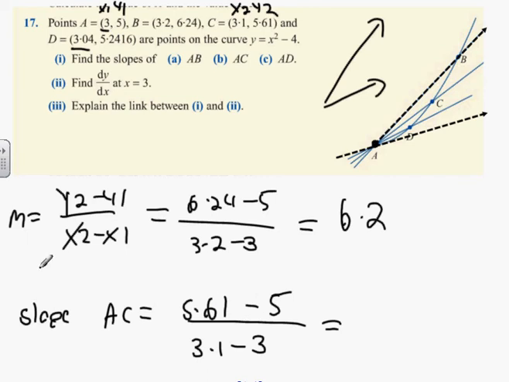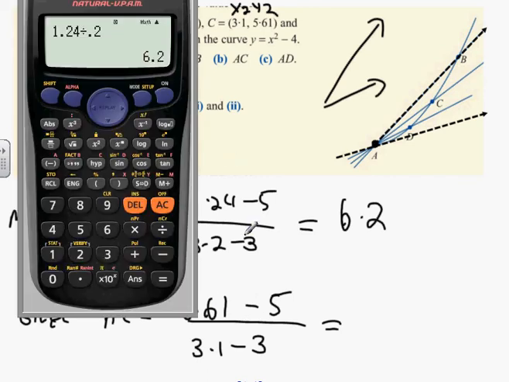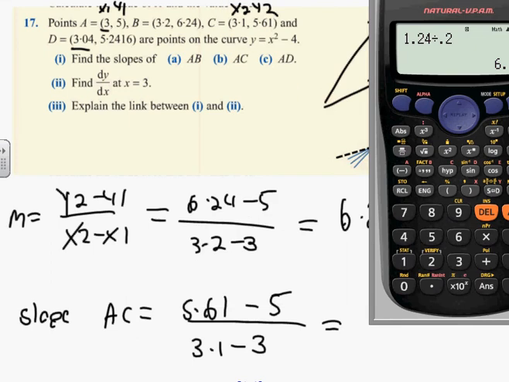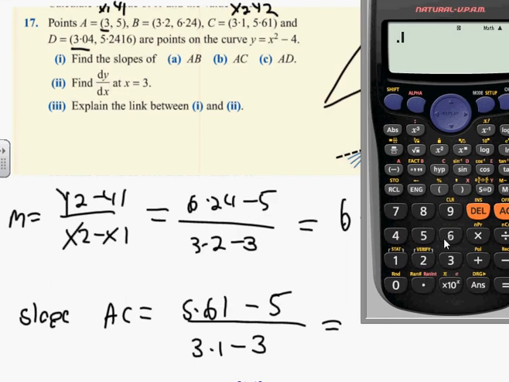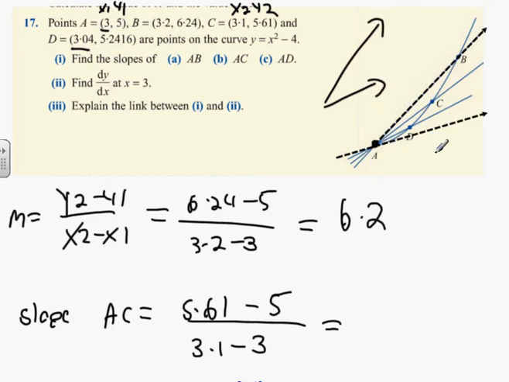It's going to be 0.61 on the top, and on the bottom, we're going to have 0.1. We're going to press equals. This time the slope is 6.1. So it's a shallower slope this time around, I'll put it in green.